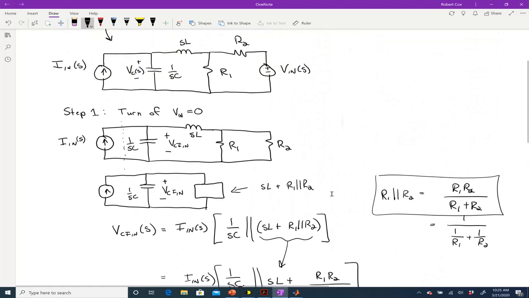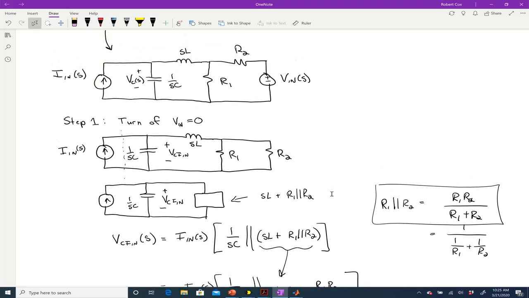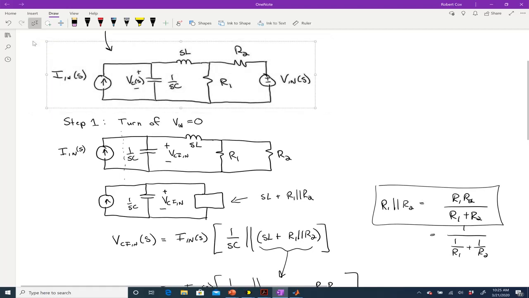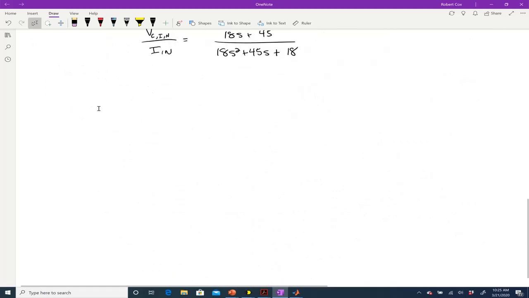The other half of the problem is if I turn off In and now solve for V sub C of S. So let me take the circuit here, and I'm going to try to copy that down.